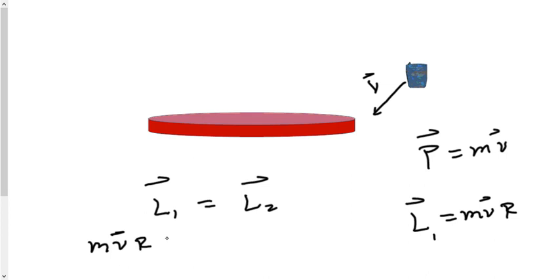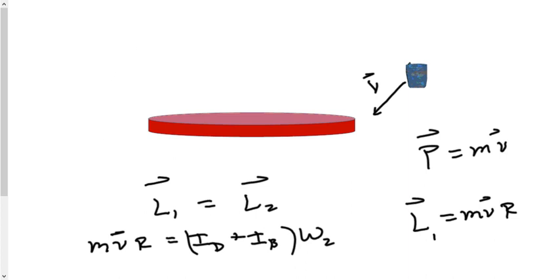That's L1. That's got to equal, let's say, I of the disk plus I of the bucket, multiplied by omega 2. So this would be the second angular momentum. Then we could figure out what our final angular velocity is for this.